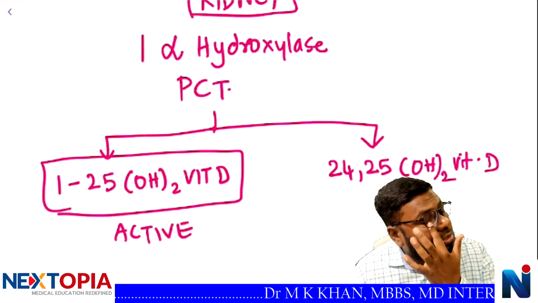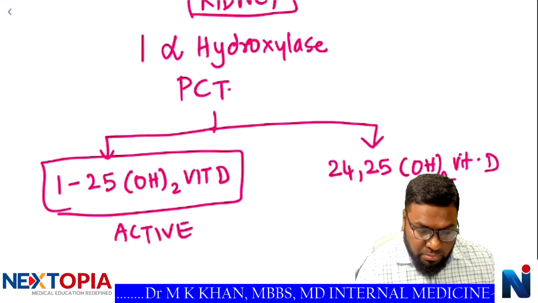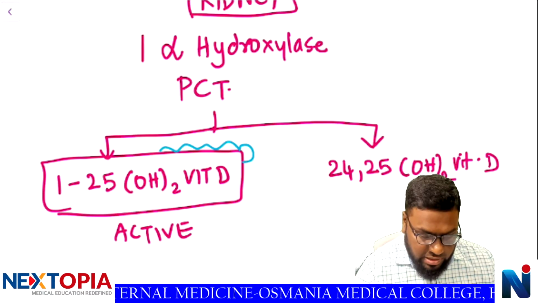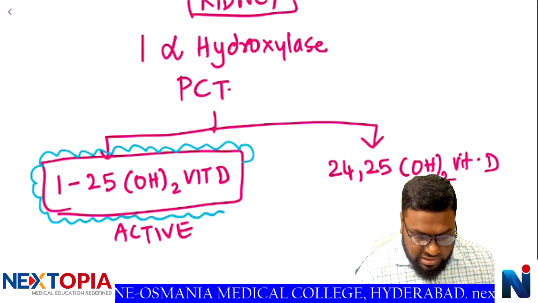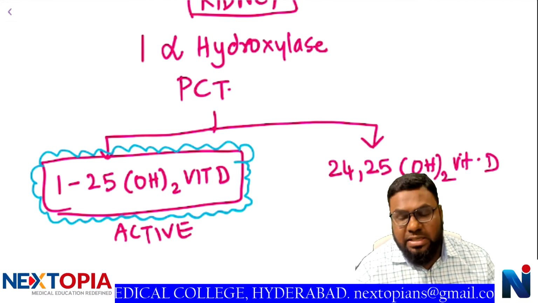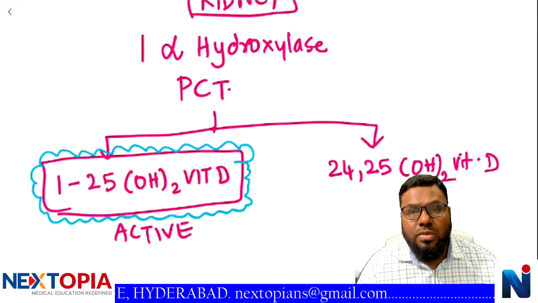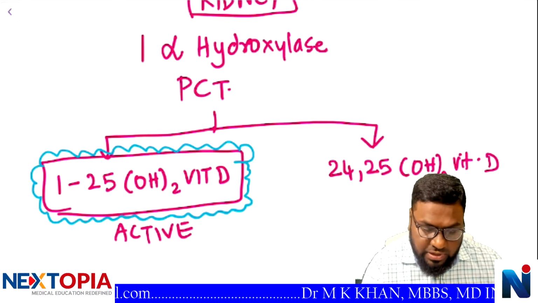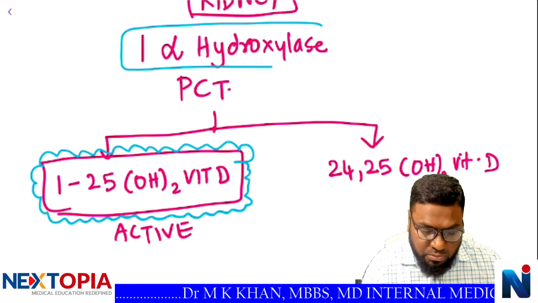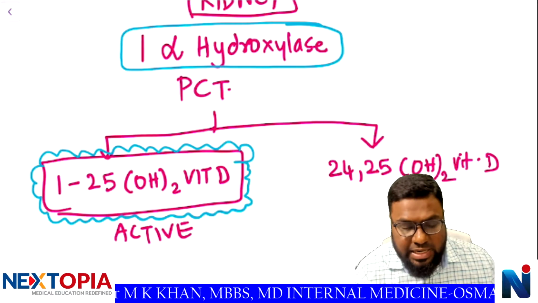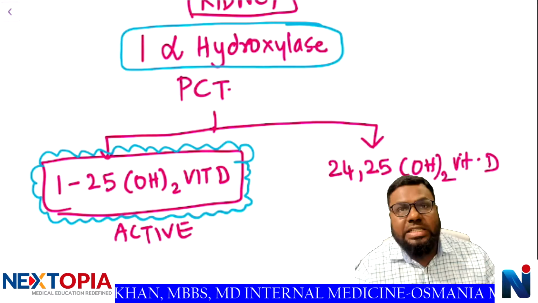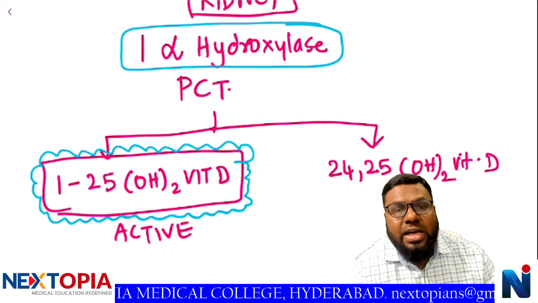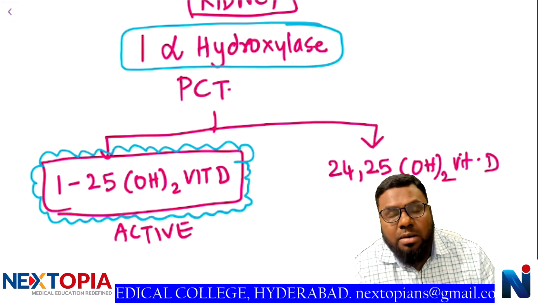The most active form of vitamin D is the 1,25-dihydroxy vitamin D, which is synthesized in the kidneys. Please remember this 1-alpha-hydroxylase enzyme is the most important enzyme in the kidney, which is converting the partially active form of vitamin D into the active form of vitamin D, so as to bring about changes in the calcium and phosphate metabolism.